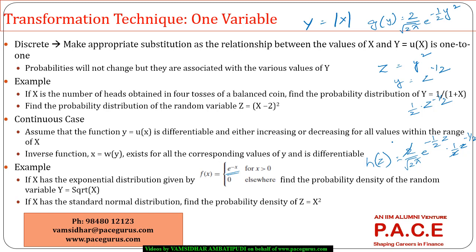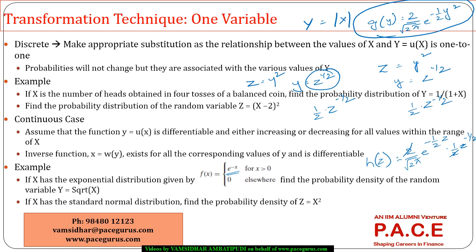Now if you see, if I take this as f of x, then the question that I am asked is to find z equal to y squared. Now I will take the inverse. So if I have to use the transformation technique, I'll say y equal to z to the power of half, and z to the power of half is differentiable also, half z to the power of minus half.